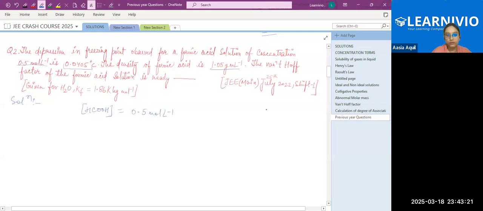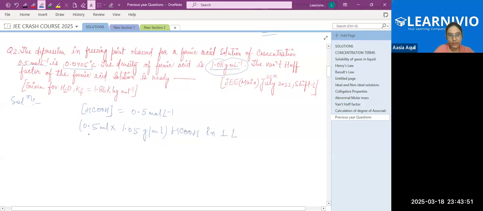So we know that, just multiply 0.5 by its density, and you will get the mass of formic acid. 0.5 into 1.05, gram per ml, formic acid in 1 liter.